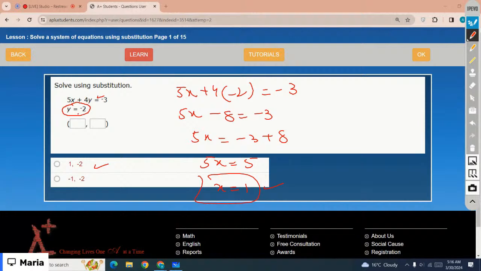So the correct option is option number 1, right?